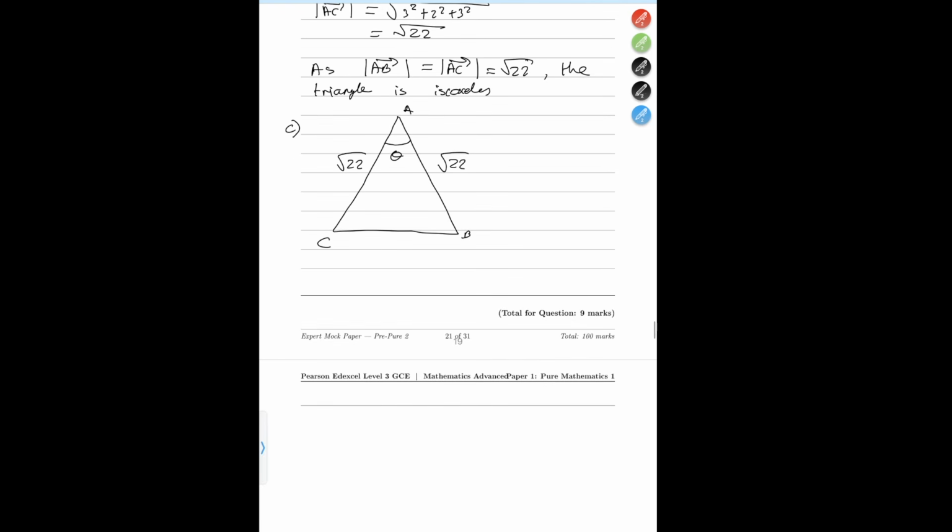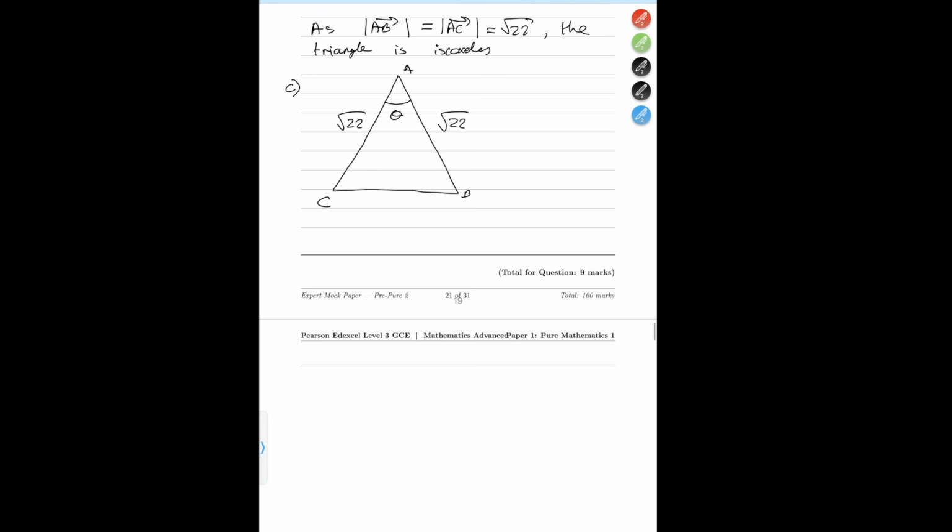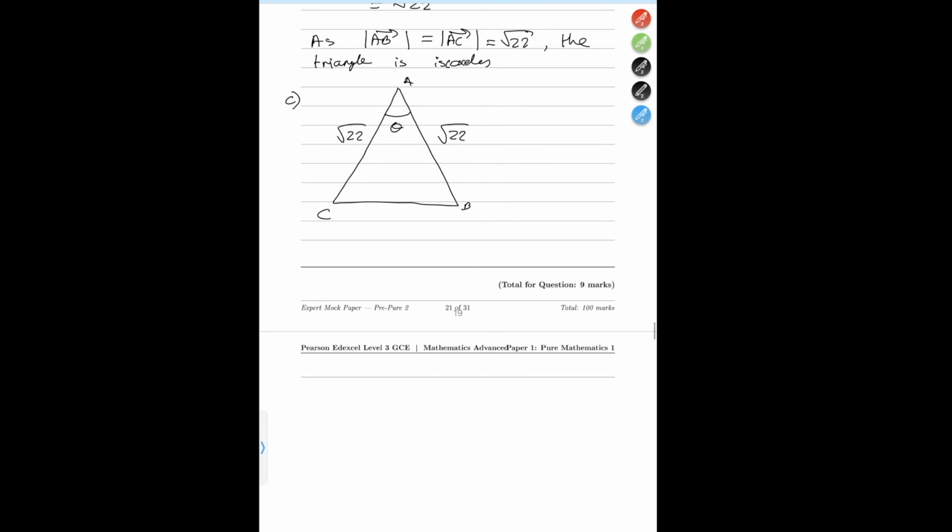The method I'm going to use is to find BC, so then I can find out what our angle is, and then we can use half AB sine C to calculate the area.